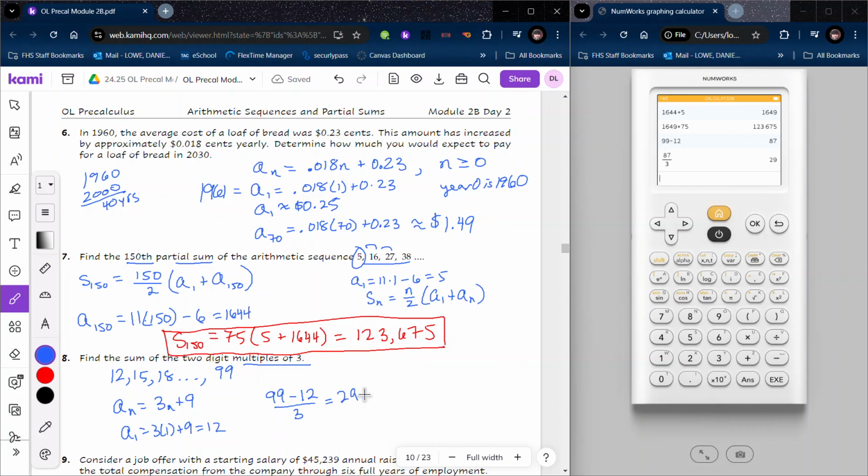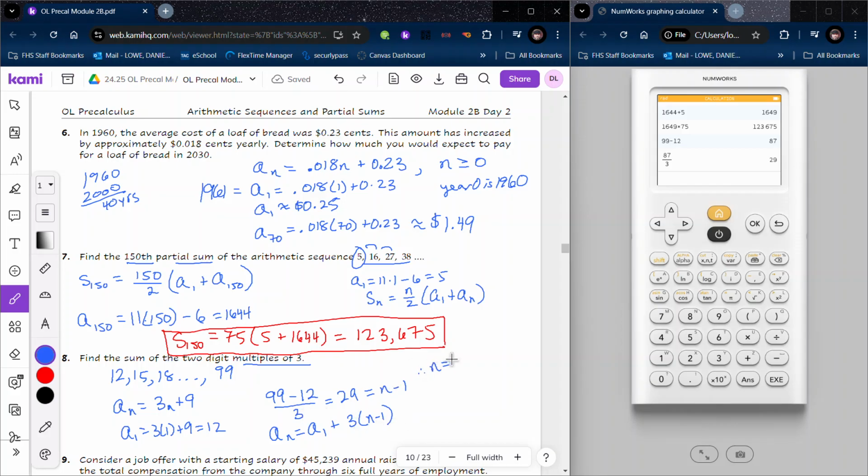That's equal to 29, and I know that that's going to be n minus 1. How do I know? Because my nth term is my first term plus my common difference, in this case 3, times n minus 1. So if I take 99 minus my first term, divided by 3, I get n minus 1.